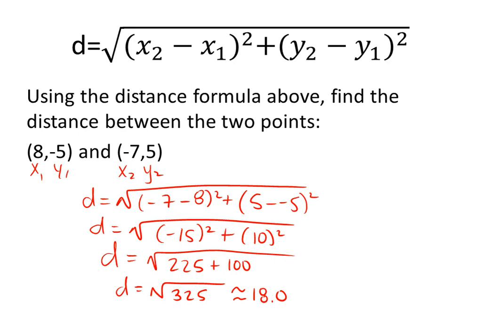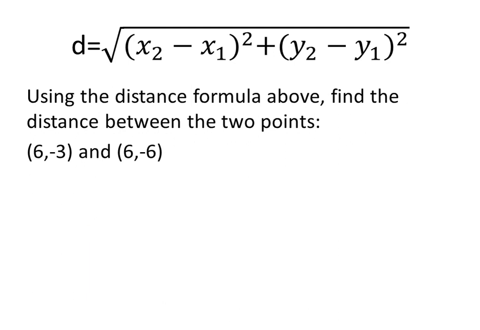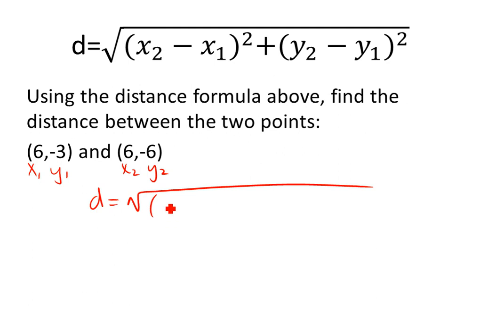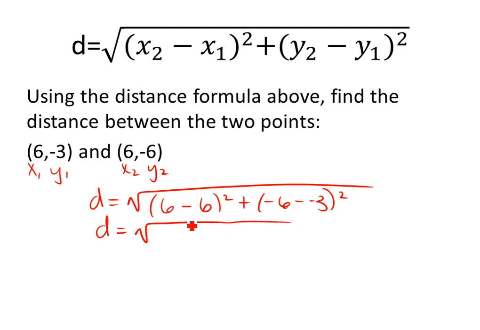Alright, let's do one more example. I'm going to label this x1, y1, x2, y2, substitute into my formula. 6 minus 6 squared plus negative 6 minus negative 3 squared. 6 minus 6 is 0, 0 squared, plus negative 6 minus a negative 3 is going to be a negative 3 squared.